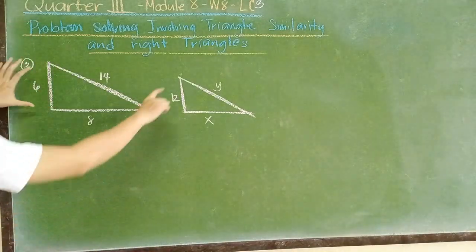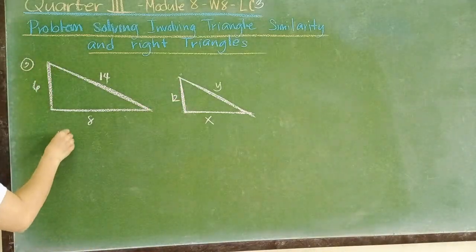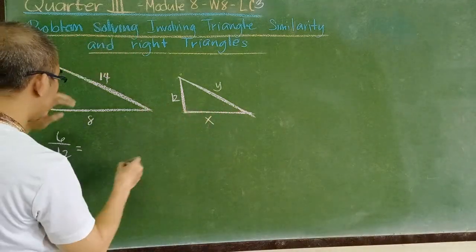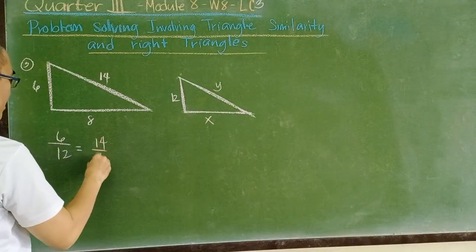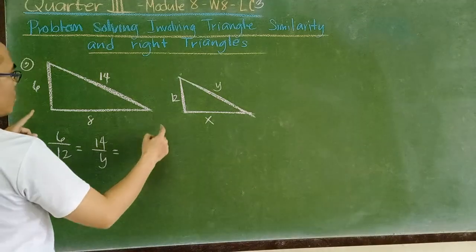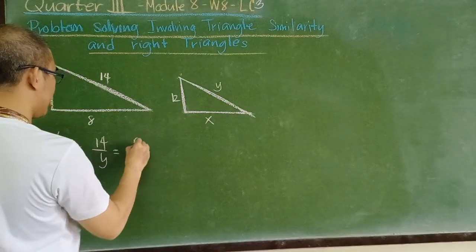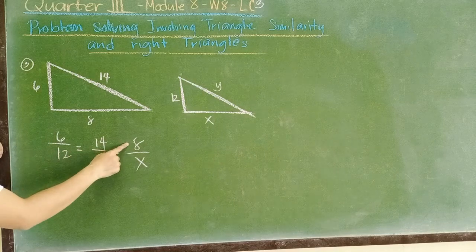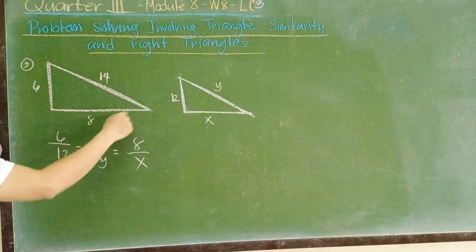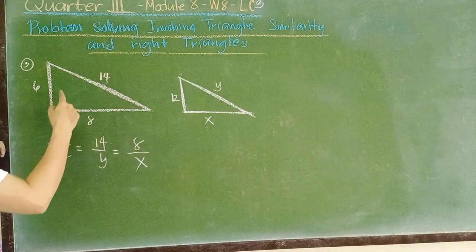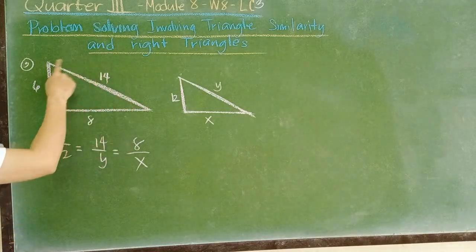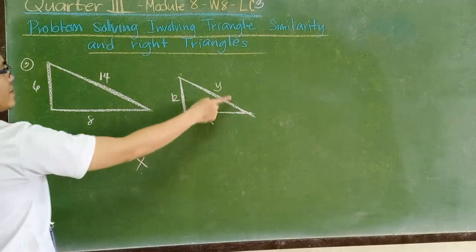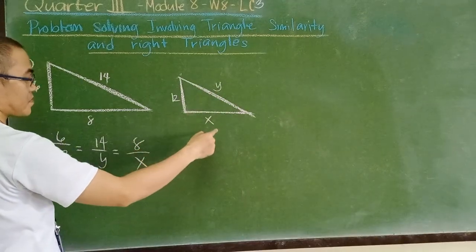So 6 over 12 is equal to 14 over y, and 8 over x. So dito mapapansin ninyo, yung mga values dito sa taas nang galing sa parehas na sa isang triangle. Yung 6, 14, tsaka 8 nang galing dito sa malaking triangle. Yung 12, y, tsaka x nang galing dito sa mas maliit na triangle.